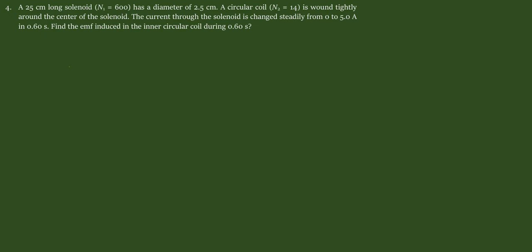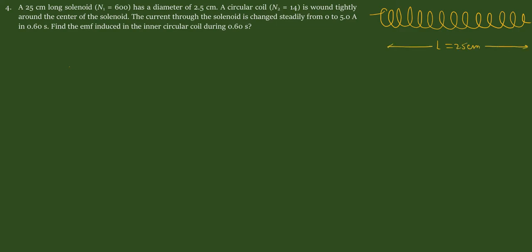Okay, so let's look at number 4 from worksheet 12. So there is a solenoid that has the length of 25 centimeters, and it has the number of turns equal to 600.